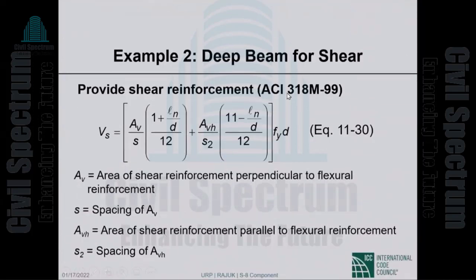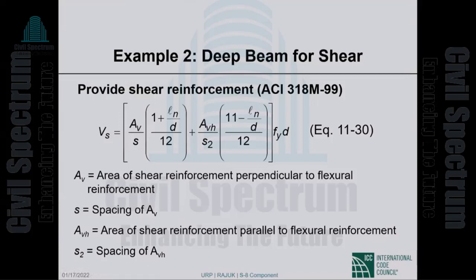Now, this is the 318-99 expression for V_s, the contribution of shear reinforcement. Remember, we have vertical shear reinforcement and horizontal shear reinforcement in a deep beam.